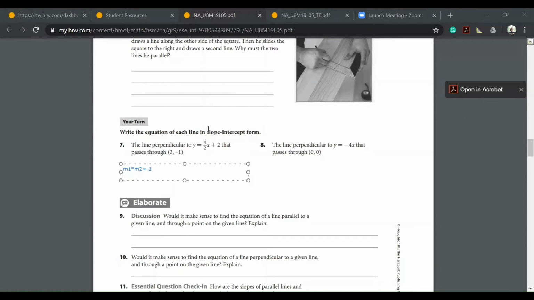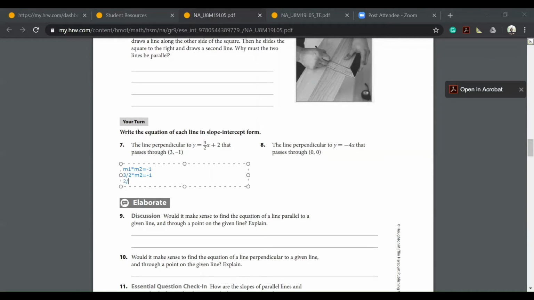I have one of them, which is m1, for example, 3 over 2. So 3 over 2 multiply m2 equals negative 1. How can I find m2? You remember, whenever you see a fraction, how can you get rid of the fraction? If you multiply by the reciprocal. So I'm going to multiply 2 over 3 here.